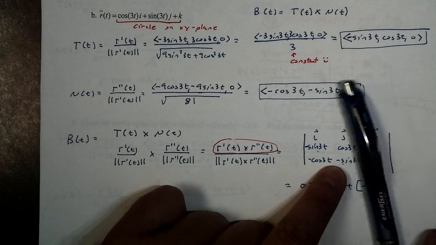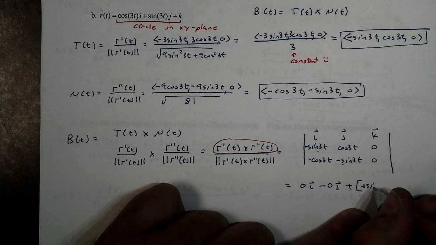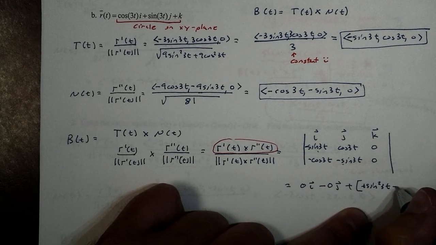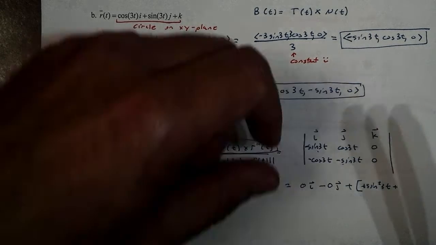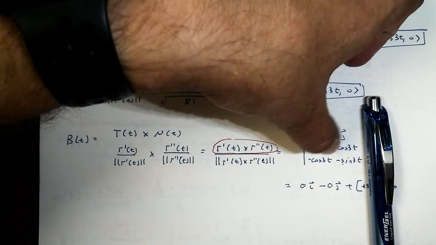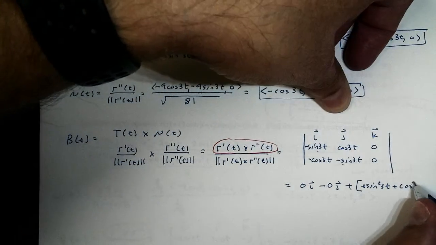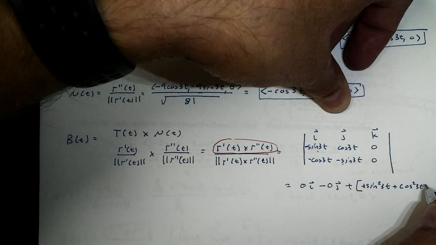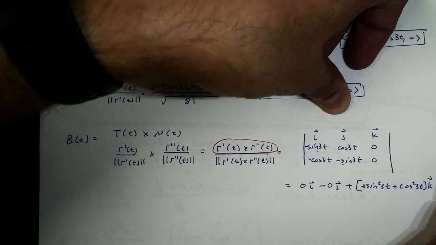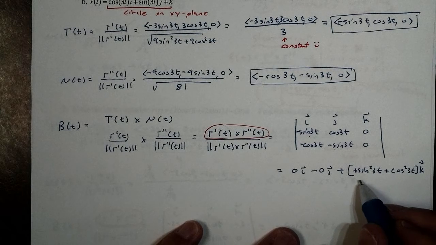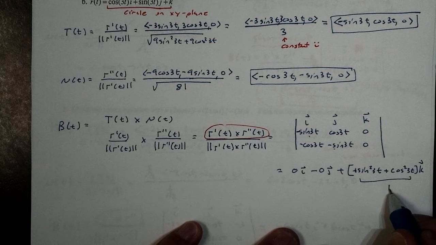So that becomes positive sine squared 3t plus cosine squared 3t, because it's a minus cosine squared but we're subtracting. And of course, this is just 1.